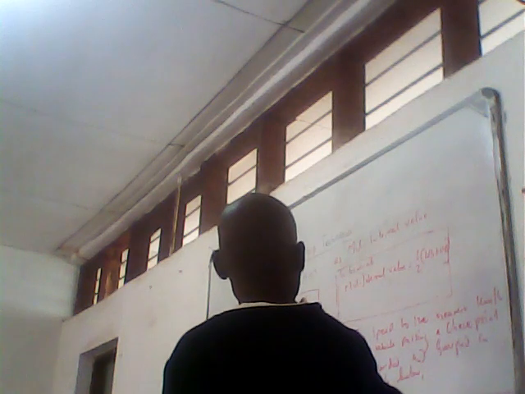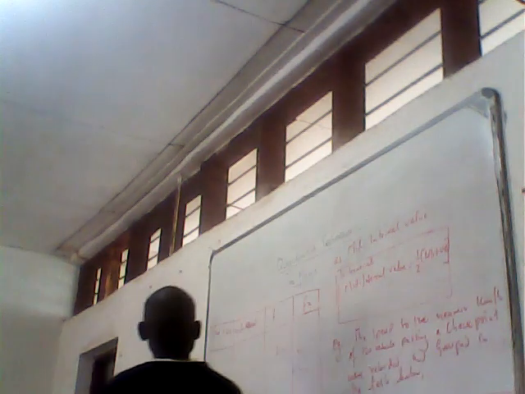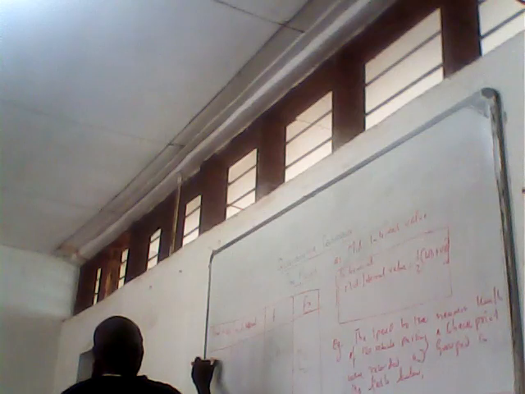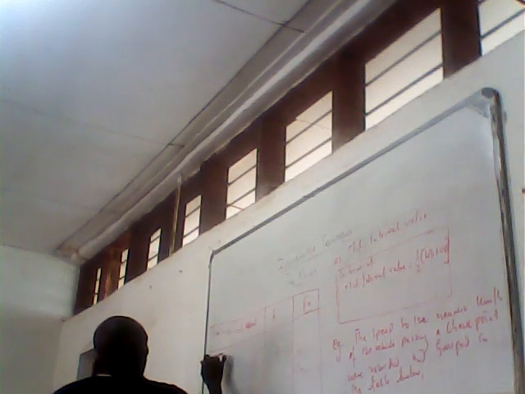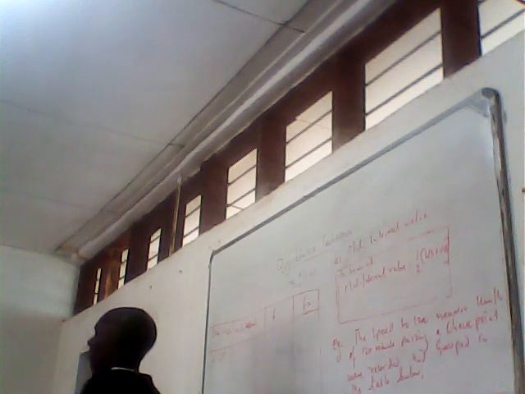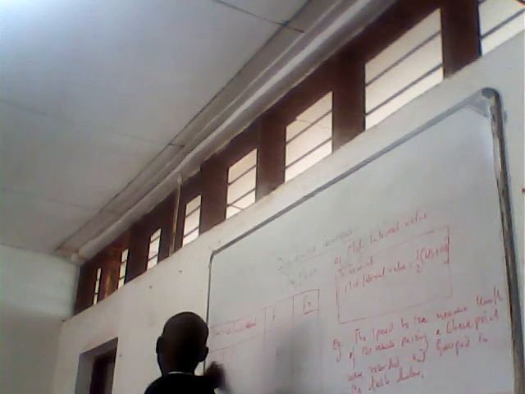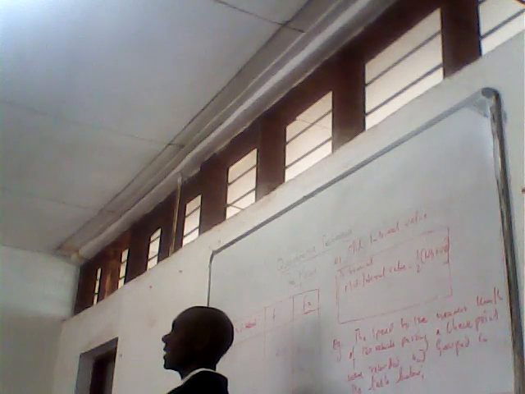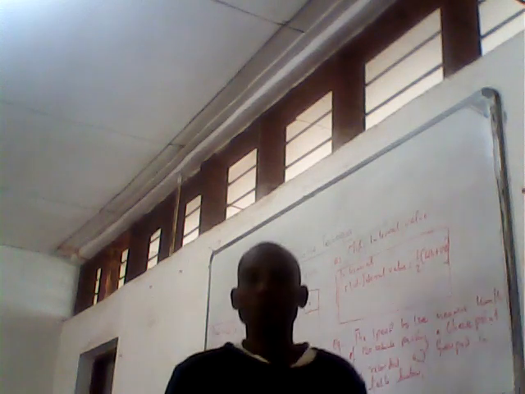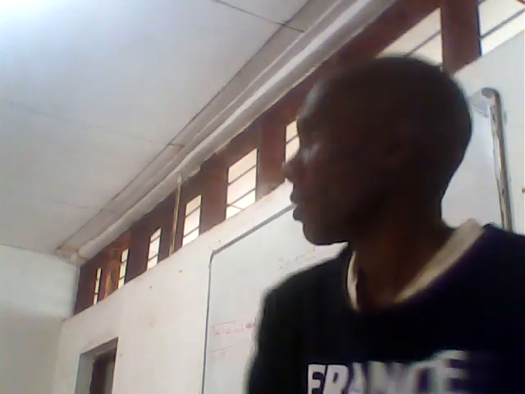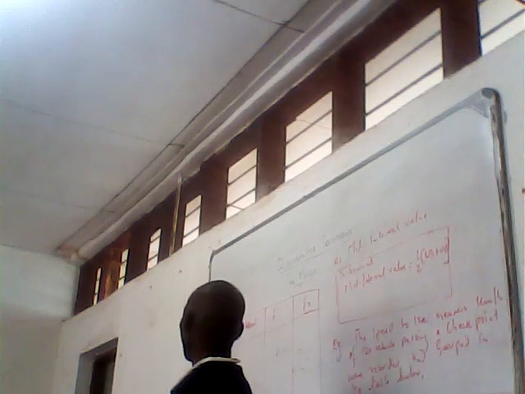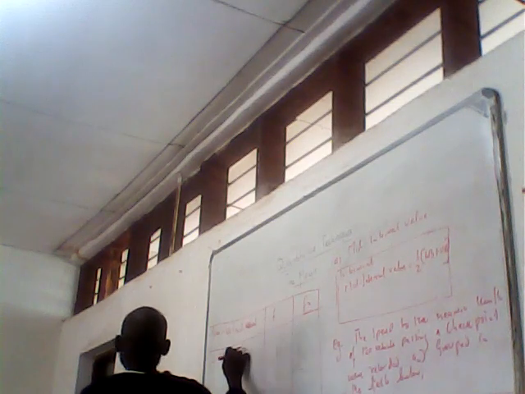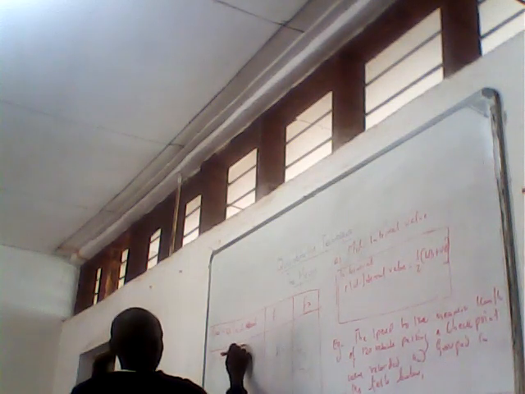21 to 25, the frequency was 22. Find the mean: add 21 plus 25. What is 21 plus 25? 46. 46 divided by 2 is 23.